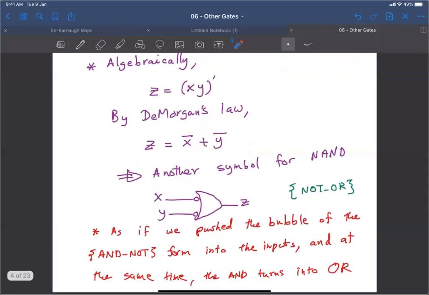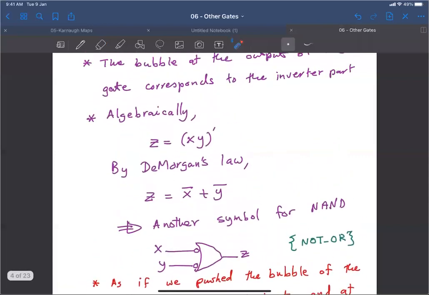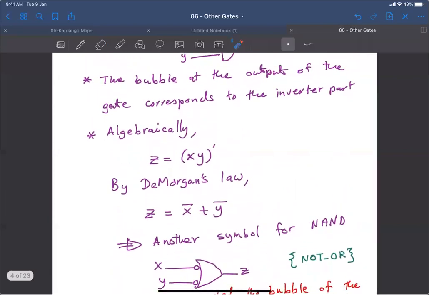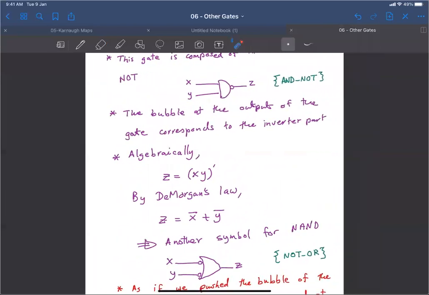You can think of this as if the bubble has been pushed back to the input, and the pushing back has squashed the AND gate symbol, which is a half circle, and it became like an OR gate.